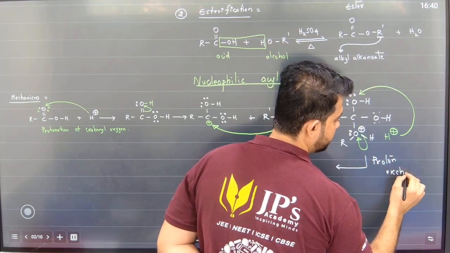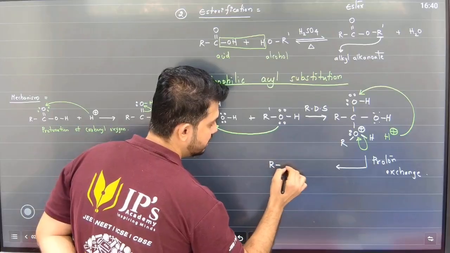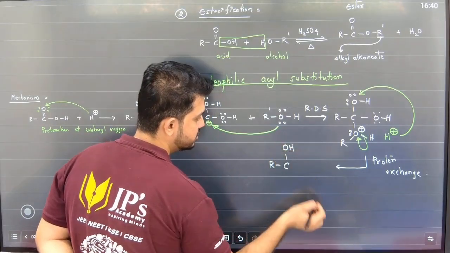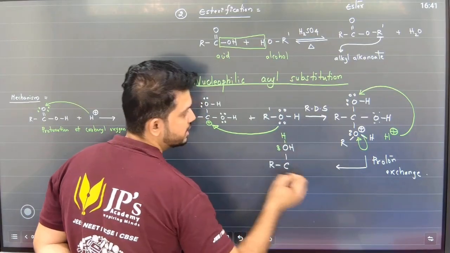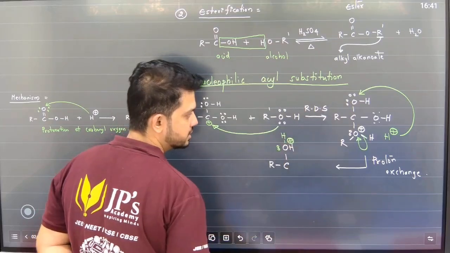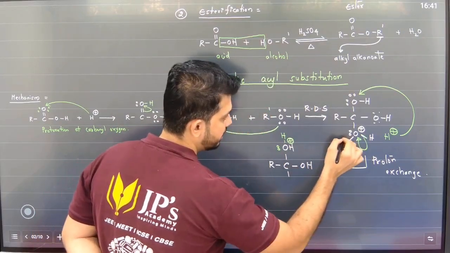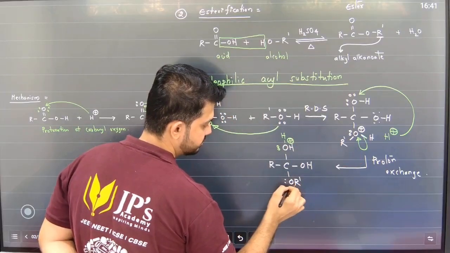So a small proton exchange takes place, and what we have is R C O H, and one of the lone pairs is borrowed by this proton. So the oxygen here gets a positive charge OH, and यहाँ पे आपका आ गया OR dash.